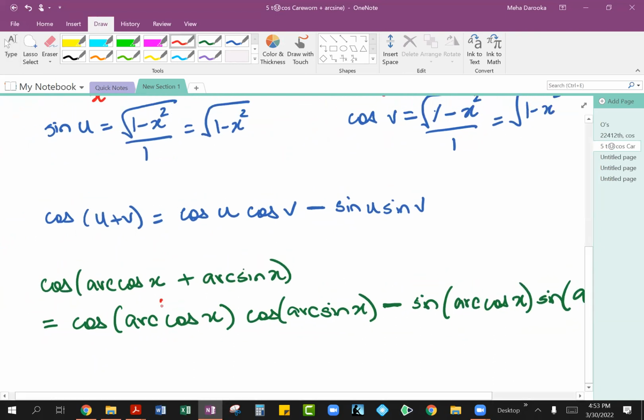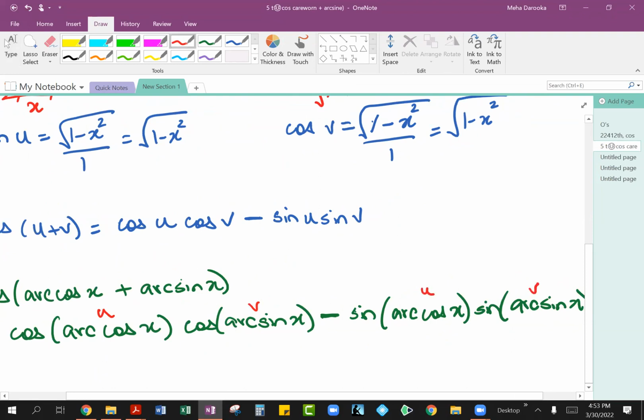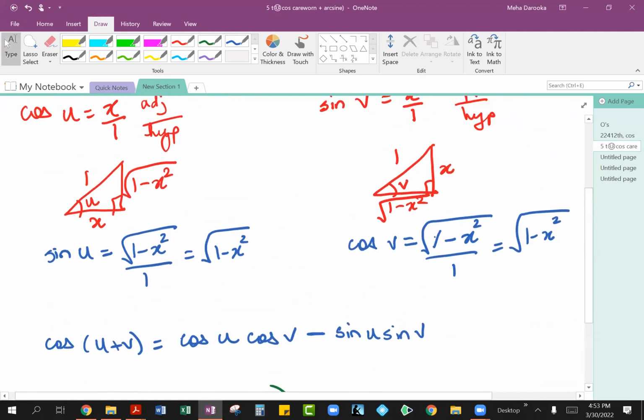And like I showed you before, if it helps, think of this as UV. So cosine of u, cosine of v, sine of u, sine of v, and we already have all four of these values.